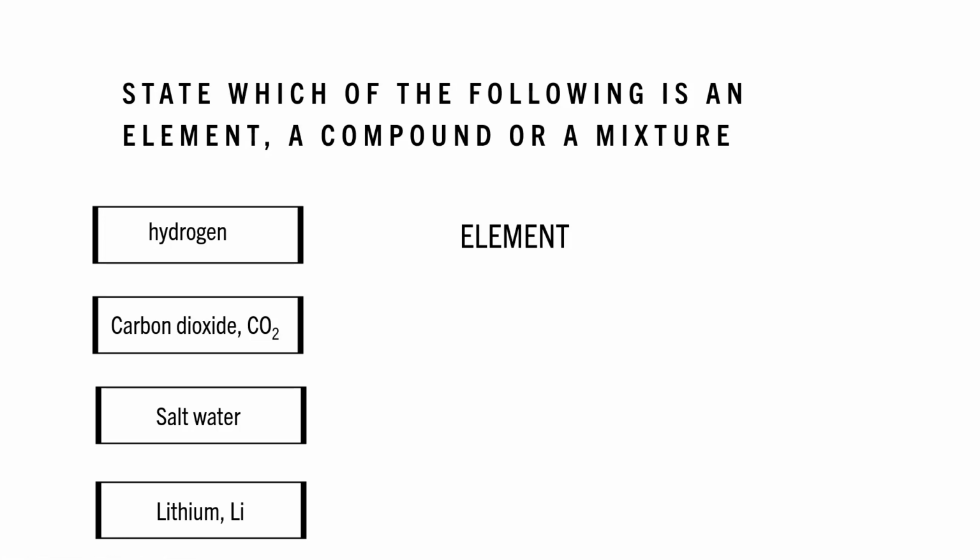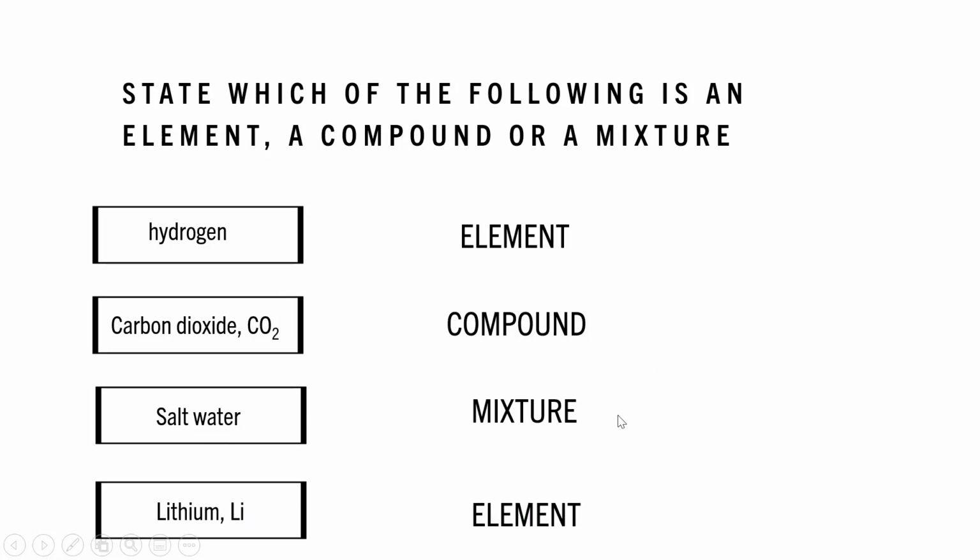We've created water in the previous slide. This carbon dioxide is a compound. Why? Because you can see we have carbon and two oxygen, two elements. These elements came together to form a compound. Salt water, that now is a mixture. Alright? And lastly, lithium, that's an element.